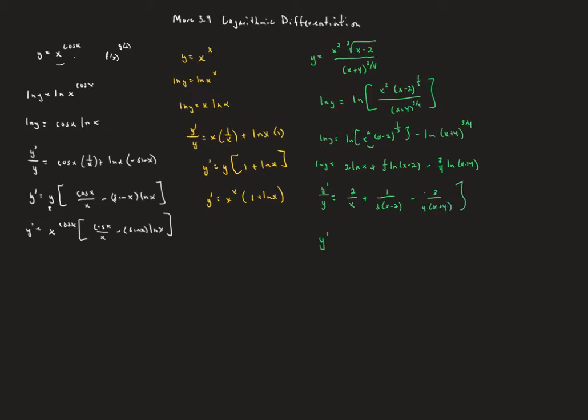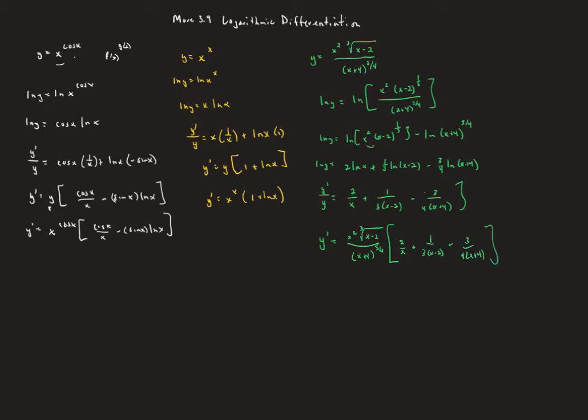We can multiply that y to the other side, and then go back to calling it that awful x squared cube root of x minus 2 over the x plus 4 to the 3/4, and then have that 2 over x plus 1 over 3 times x minus 2 minus 3 over 4 times x plus 4.